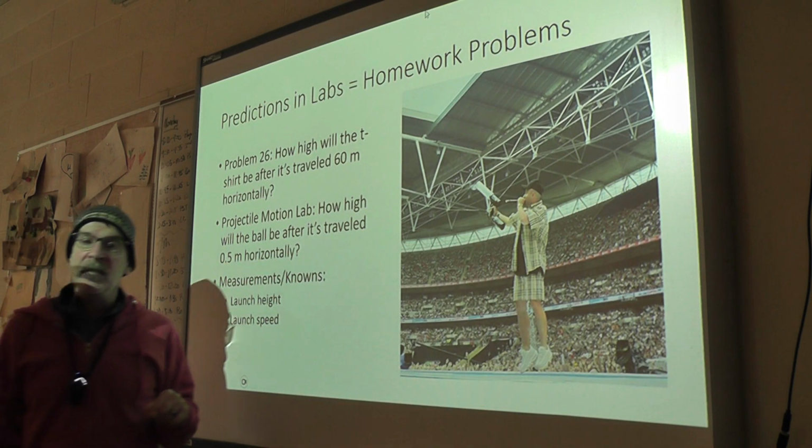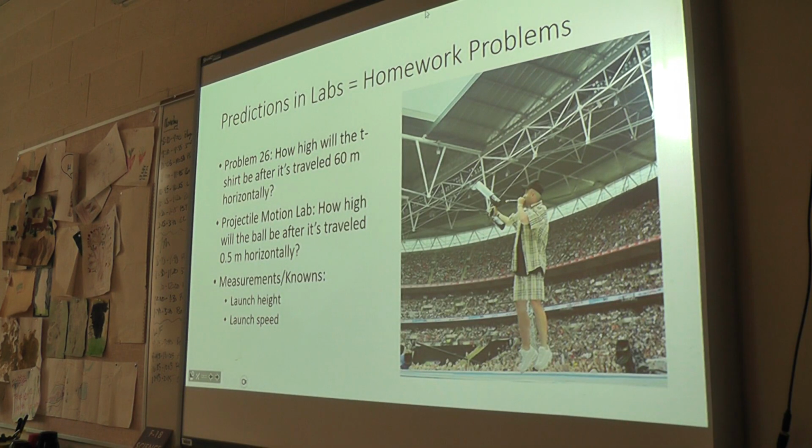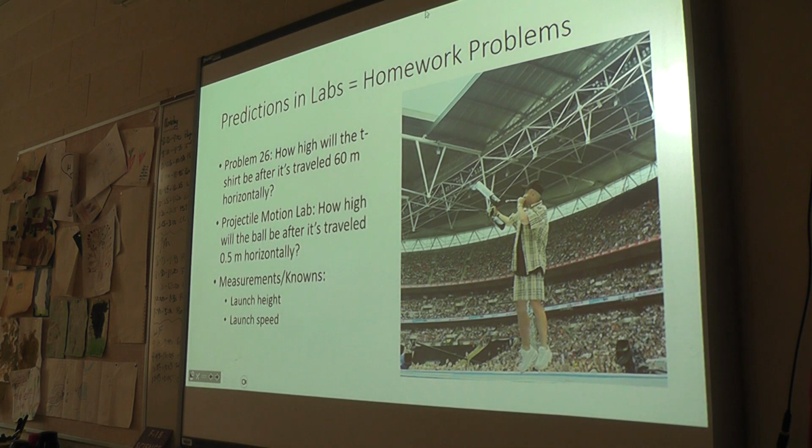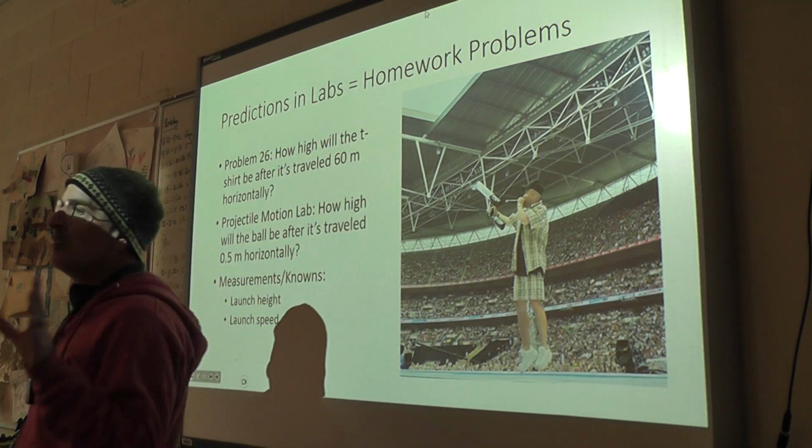In problem number 26, we are told that the t-shirt is fired with an initial speed of 28 meters per second. How did they know? In the book, in math books, in all the tests and all the stuff online, it always is the same way.